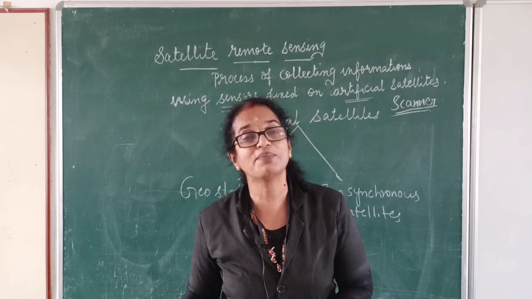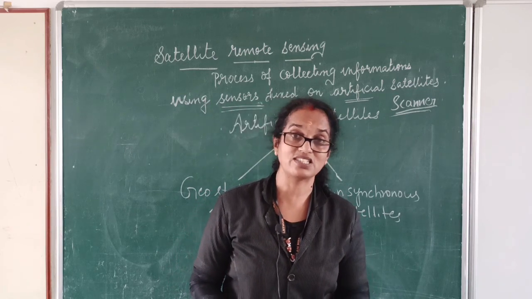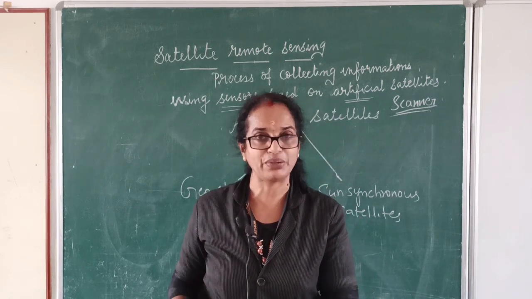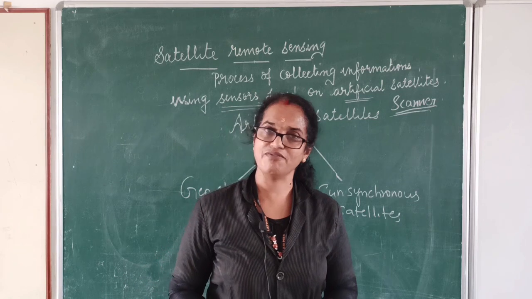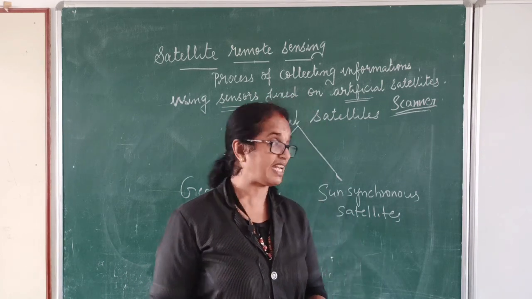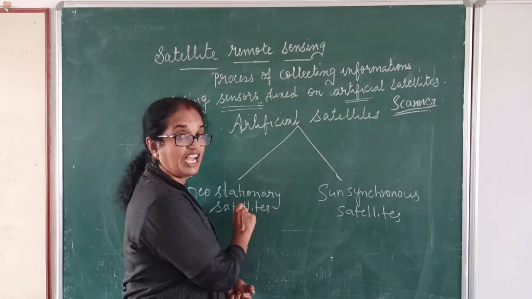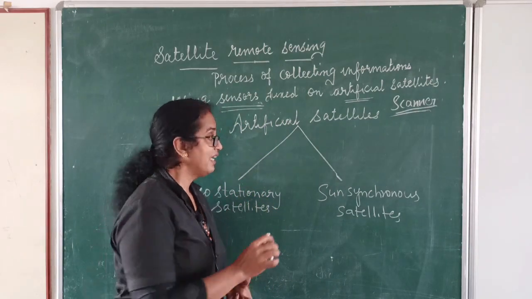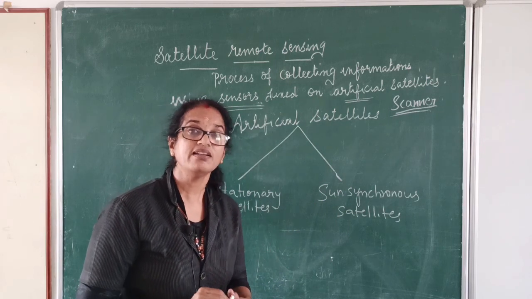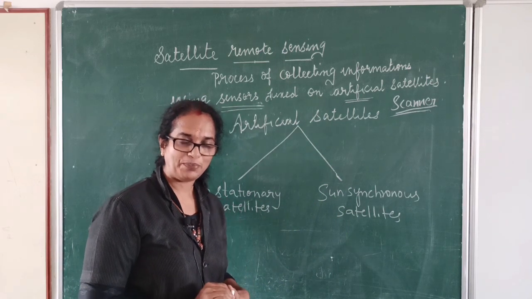Now there are two types of artificial satellites used for collecting information. The first type is the geostationary satellite, and the second type is the sun-synchronous satellite.